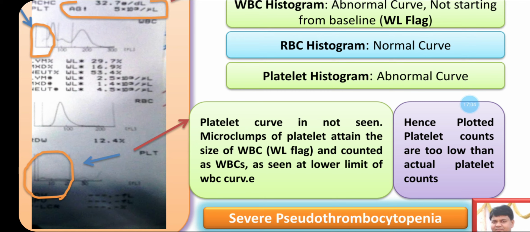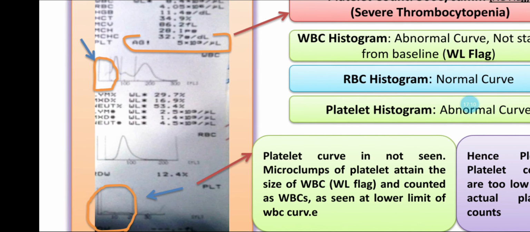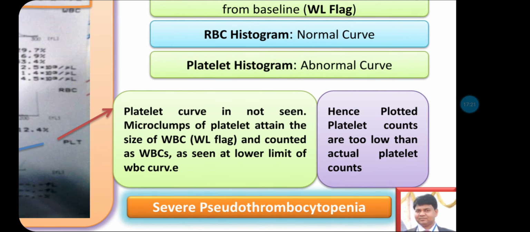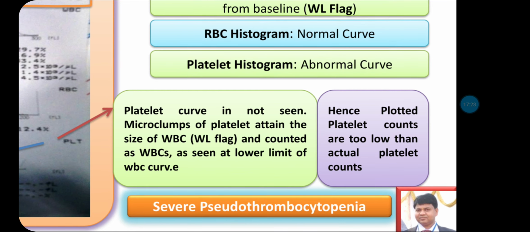That's why there is a WL flag and they are counted as WBCs, as seen at the lower end of the WBC curve, which is not starting from the baseline. Hence the plotted platelet count is much lower than the actual platelet count.